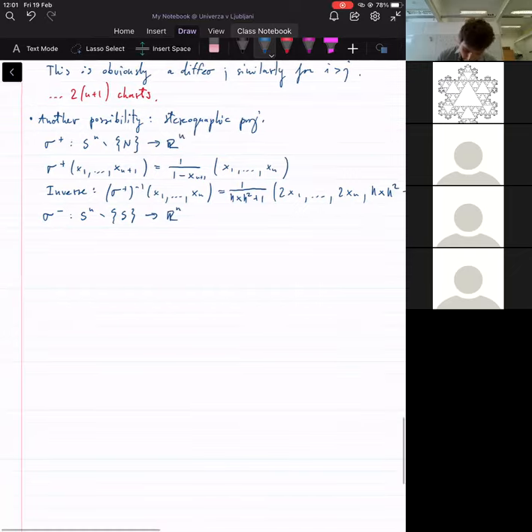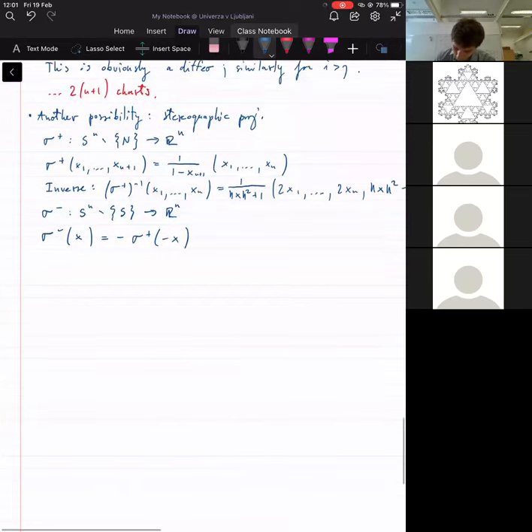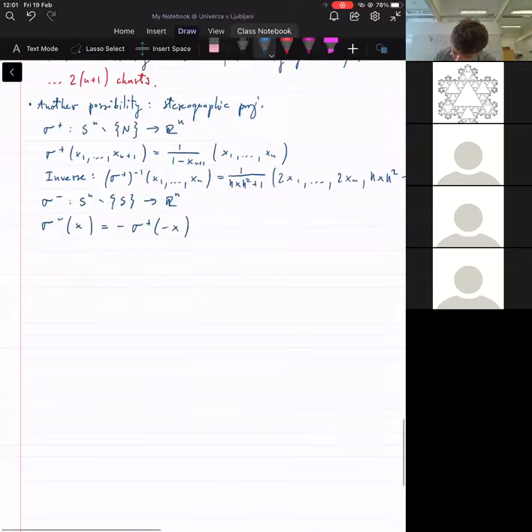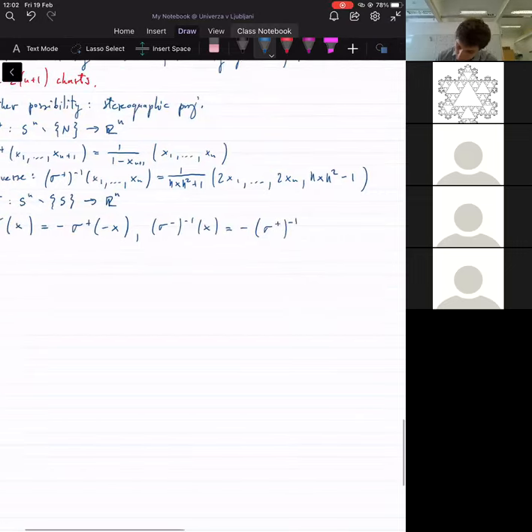And we define this in the following sense. This is defined with the help of the stereographic projection defined above. And its inverse, phi minus inverse, is again equal to the inverse of sigma plus.